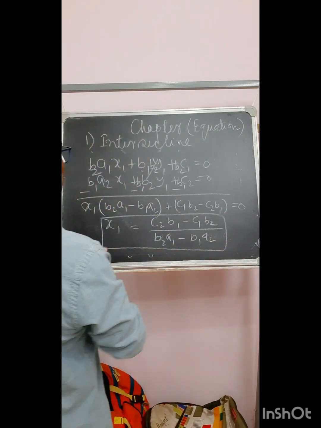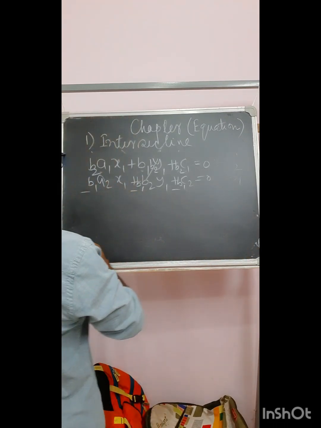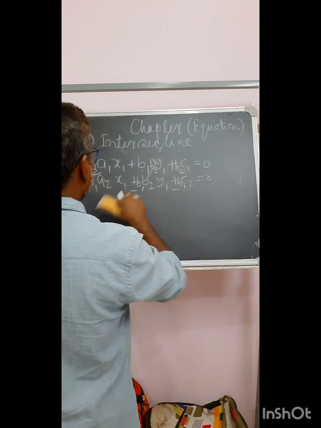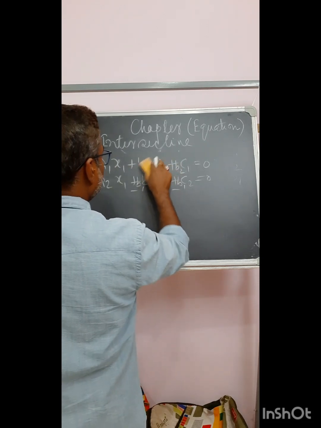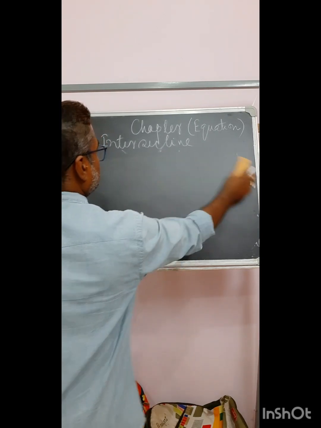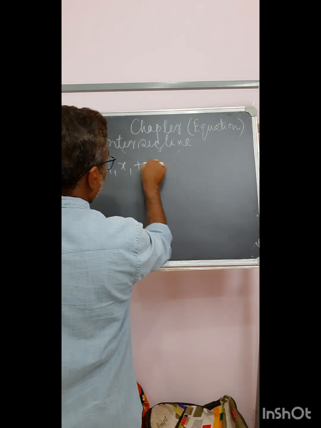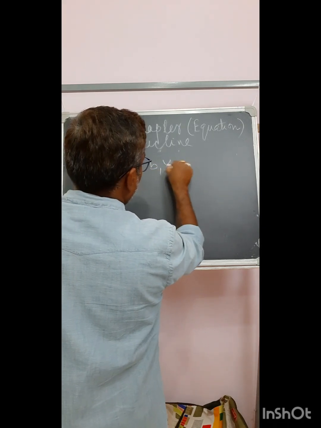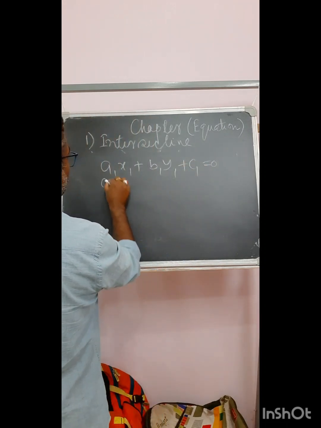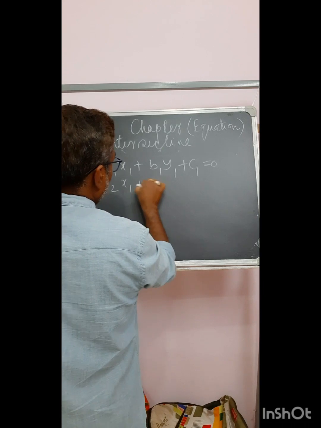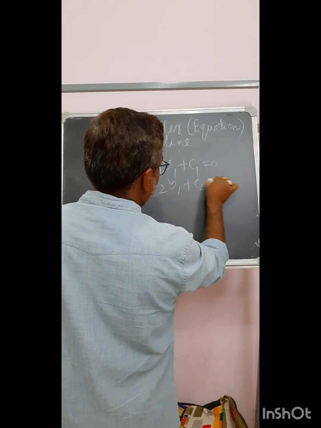Now to find y1, I will repeat the same process, but this time I will eliminate x. So let me write the equation again: a1 x1 plus b1 y1 plus c1 equal to 0, and a2 x1 plus b2 y1 plus c2 is equal to 0.